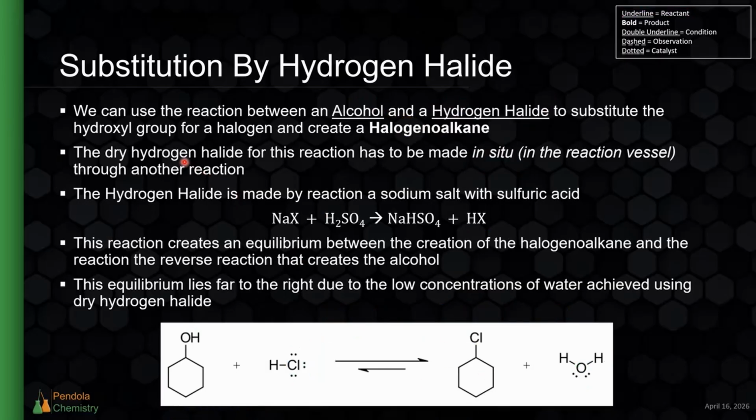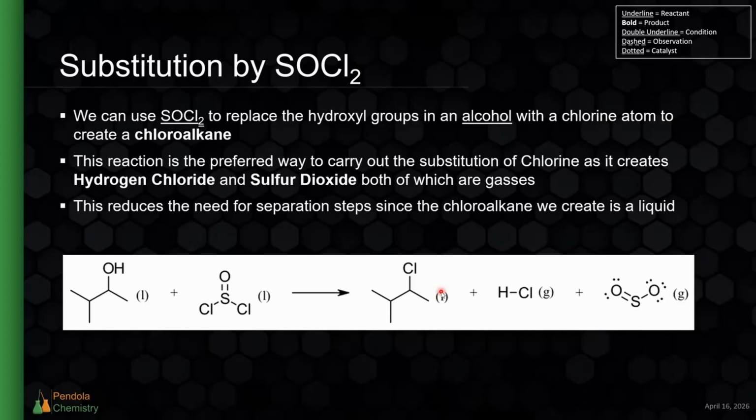Now this reaction, because it's an equilibrium reaction, is not a great way of making halogenoalkanes. But it is one of the better ways of creating bromine, iodine, and fluorine halogenoalkanes. To create chlorine-based halogenoalkanes or chloroalkanes, we have much better ways of doing that.